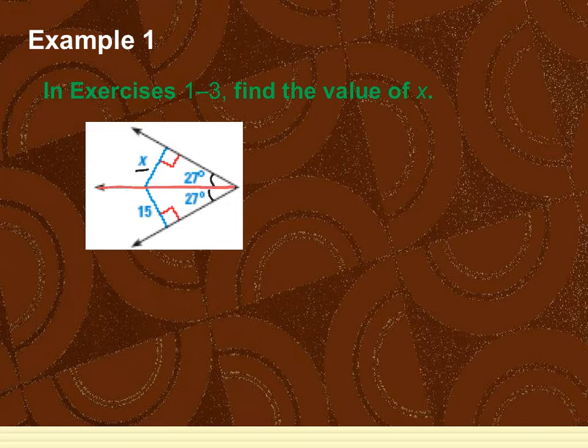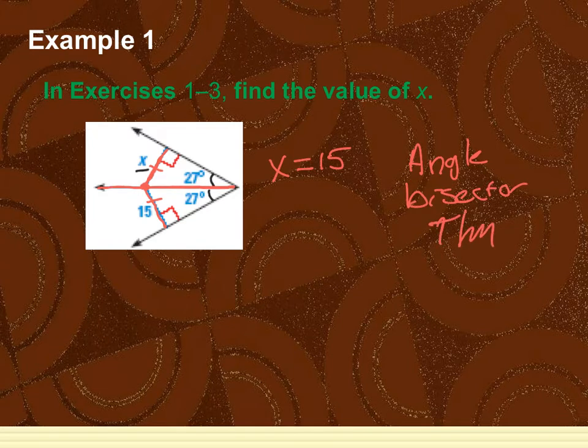And what we learned from the angle bisector theorem is it says that if there is a point, like that point right there, that is on the angle bisector, then it is equidistant from the sides, meaning this is congruent to that, or x is equal to 15. That's all there is, straightforward for that. Quick one. That is the angle bisector theorem.